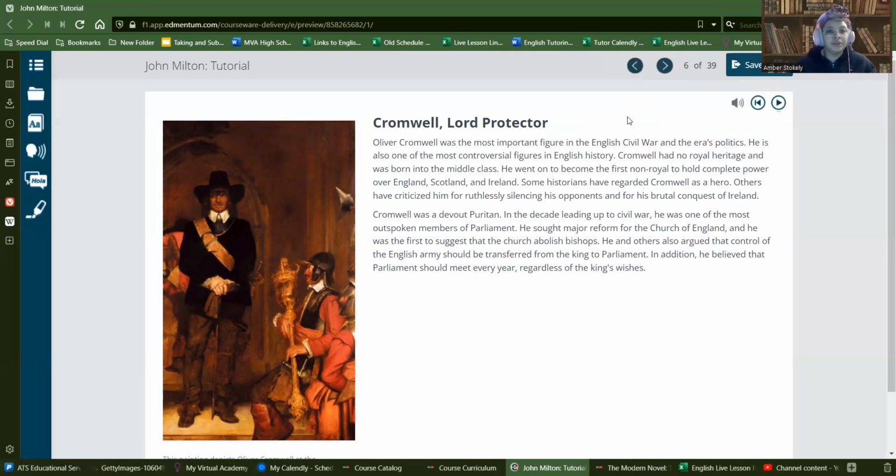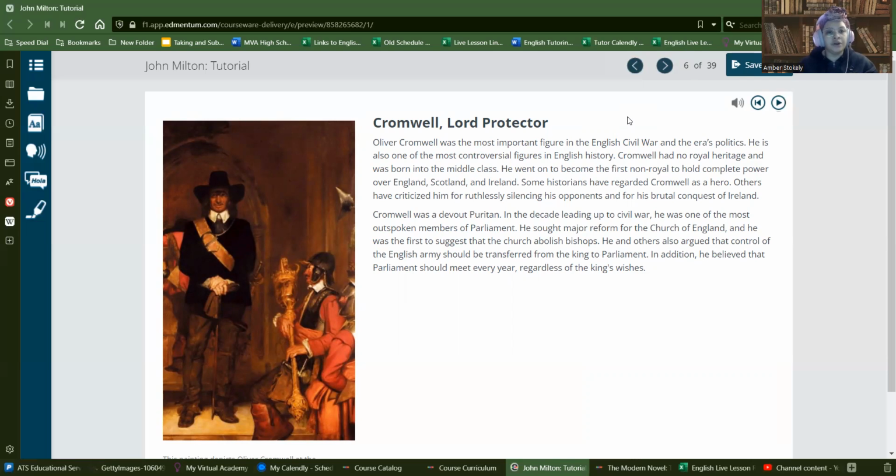Part of the other reason why he's considered controversial is because of what ended up happening after the war. During the Civil War, he had to conquer Ireland to stop them from potentially rebelling against British forces. And he did that very cruelly. He was also at the head of the parliament after the war that got rid of people who weren't agreeing with him or didn't side with him.